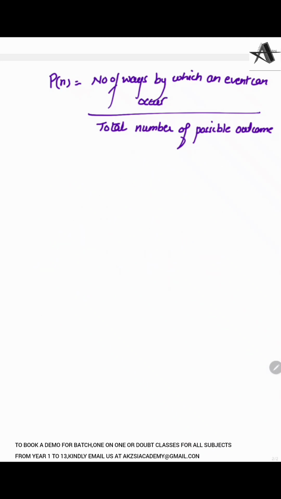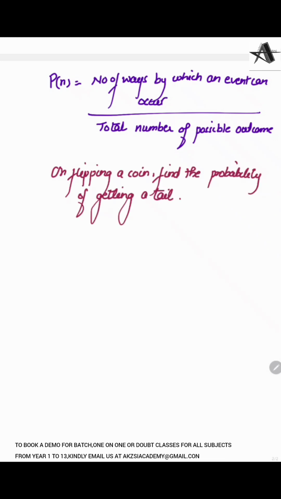Suppose the question is, on flipping a coin, what's the probability of getting a tail? If I use the same formula, the number of ways by which an event can occur, how many ways can I get a tail? When I flip a coin, it has 2 sides, one tail and one head. That means I can get one tail.